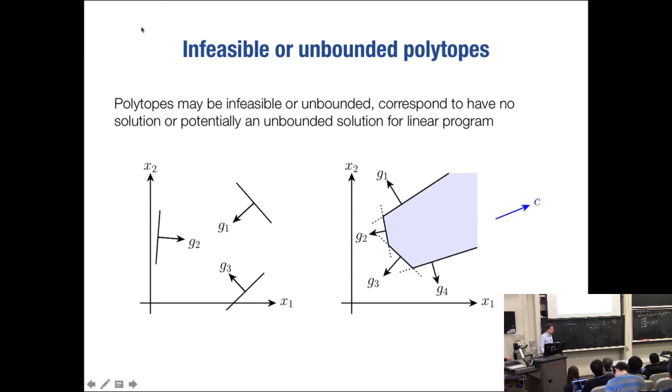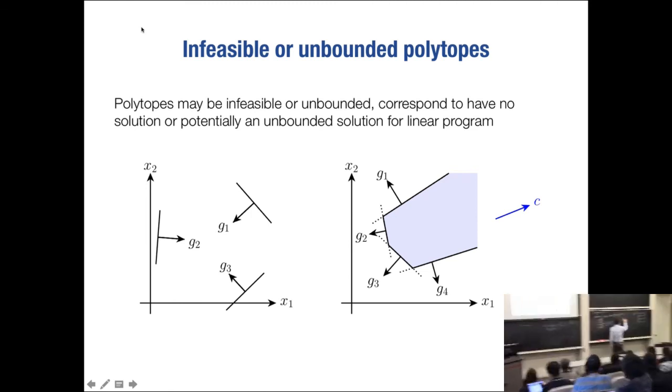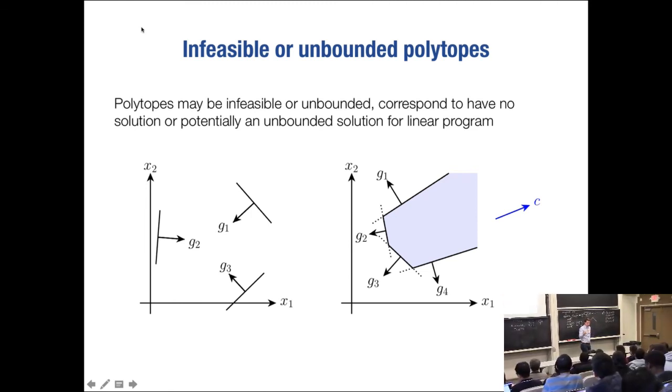Is there a very short proof about why the optimum happens at the corner? Yes, the short proof here is suppose the solution occurred in an interior point, right? You have to be optimizing in some direction, so there's a way you can go that makes you get better.